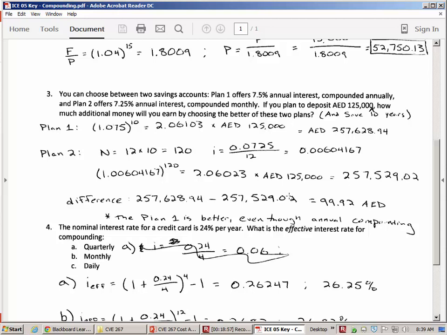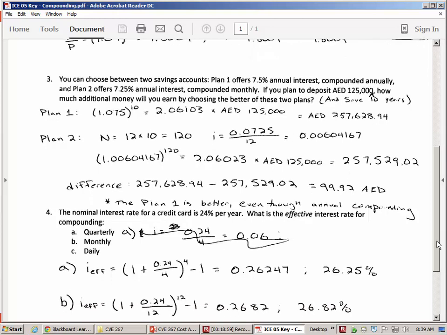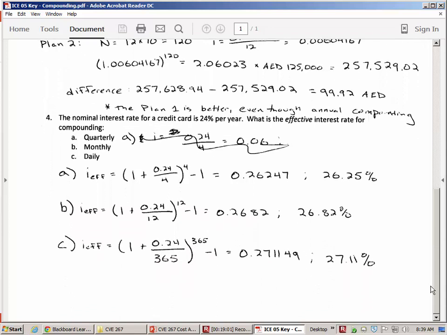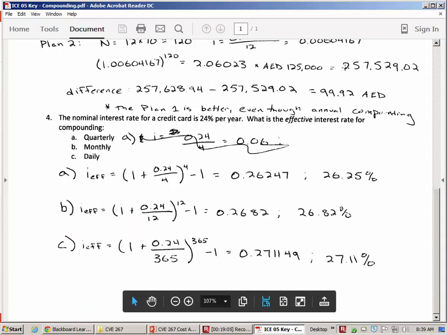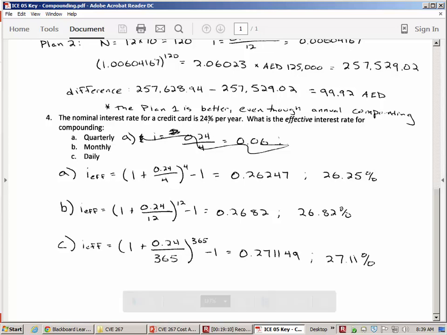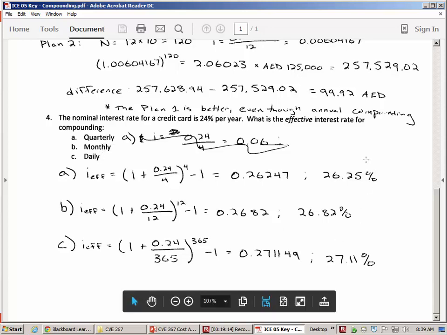Okay? And then here's the last one, looking at credit cards. Here's the nominal interest rate, 24%, but depending on whether the bank is compounding quarterly, monthly, daily, you can see that the effective interest rate goes up. The more often they compound, it keeps going up.